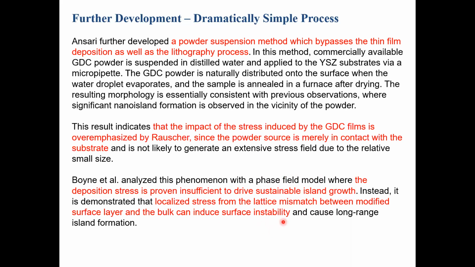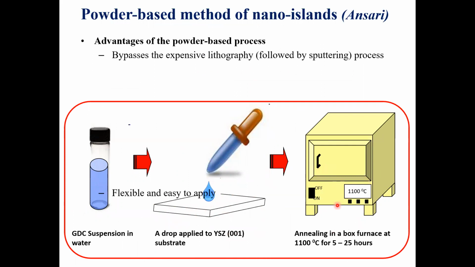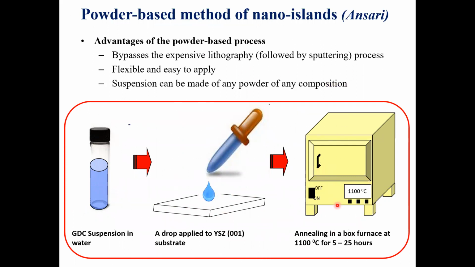What we found is this solid solution, because of the size difference, creates a critical strain that drives the process. So this is the process that I described, that takes powders, creates a water suspension, puts a few droplets on the substrate, and then dries out and heat treats. So this bypasses all the complexity and makes the process very, very simple.